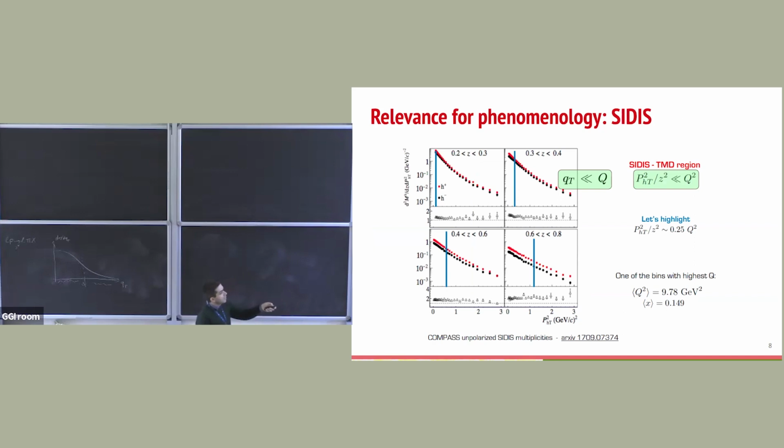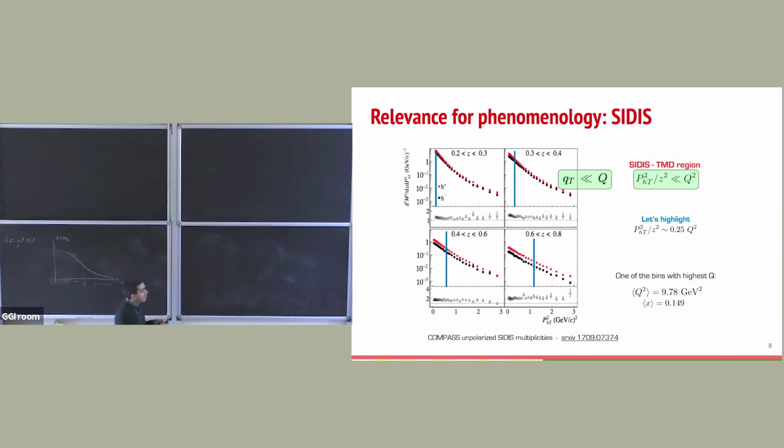So depending on the value of z and the value of Q, the events in the low transverse momentum region are going to be different. For example, the small transverse momentum region is the region to the left of the blue vertical line. At large z, you will have more events in the small transverse momentum region. At small z, you have basically few events.